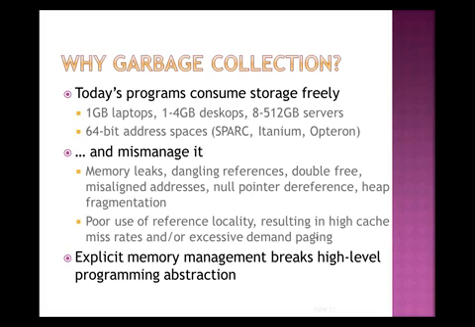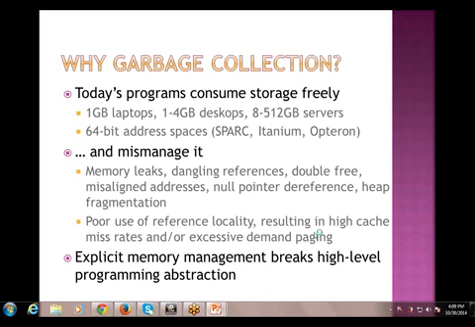Then why garbage collection? Why are we using garbage collection? This says today's programs consume storage freely and mismanage it. What are the mismanagements in memory? That is a memory leak, dangling references, double free, misaligned addresses, null pointer dereferences, heap fragmentation, or poor use of reference locality resulting in a high cache miss rate or excessive demand paging.